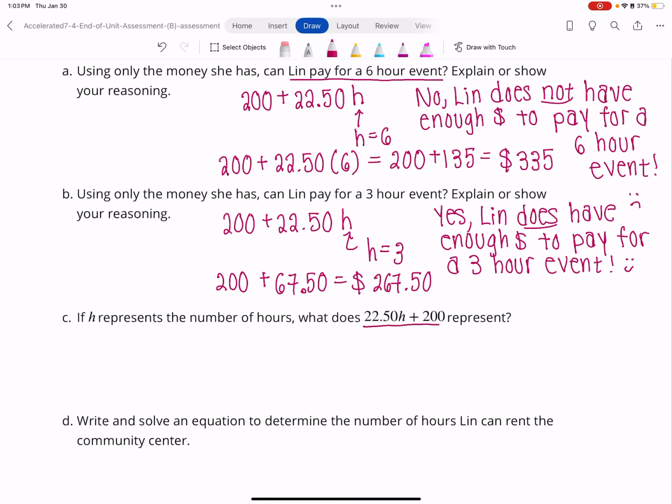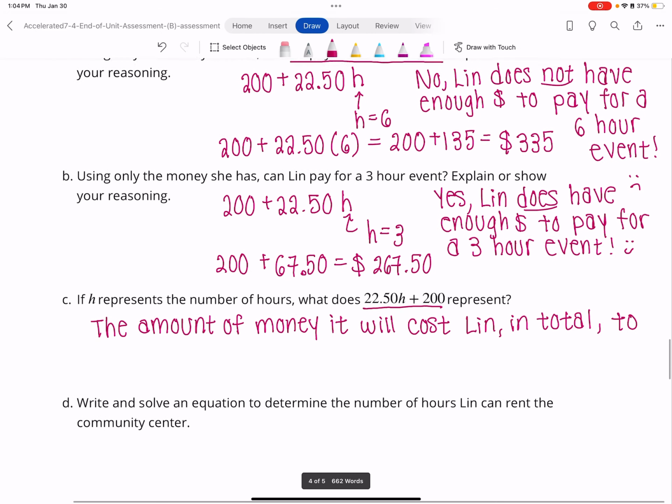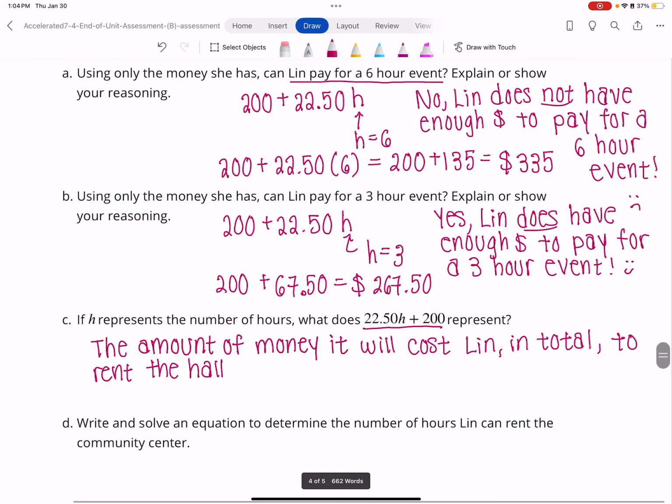So this whole expression here represents the amount of money it will cost Lynn in total to rent the hall for a fundraiser.